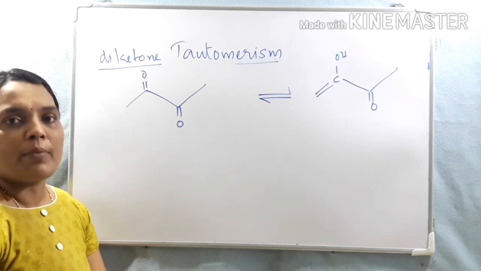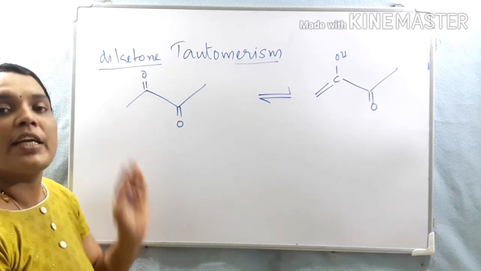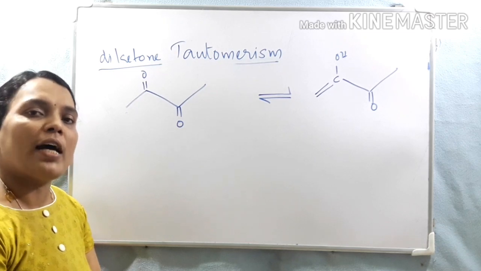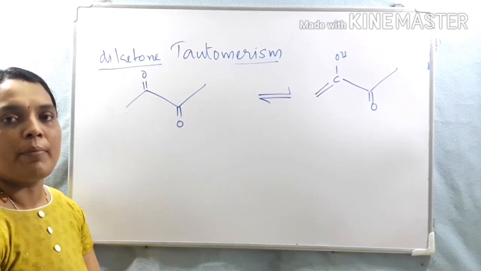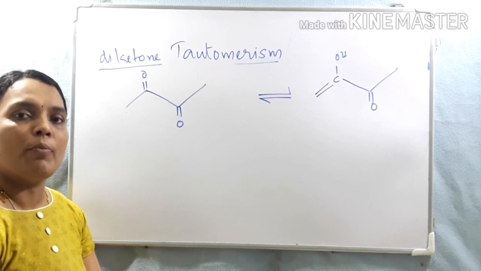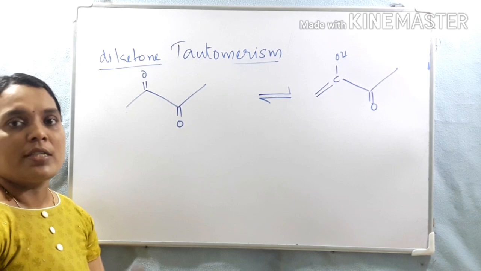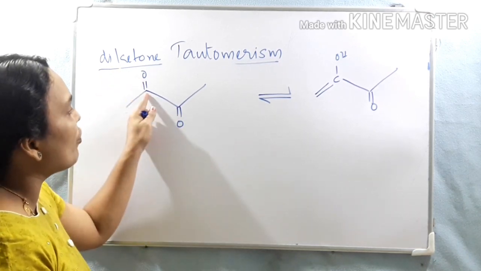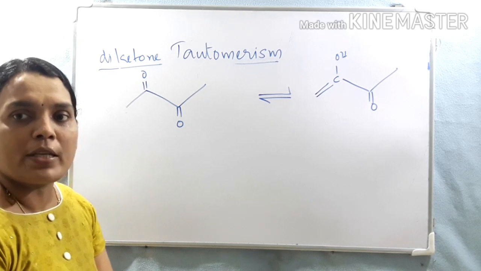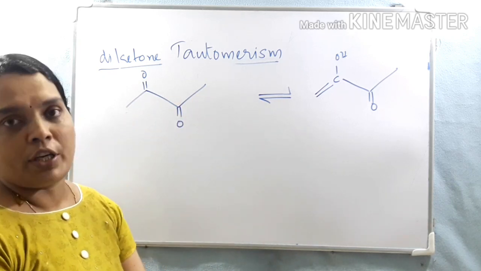Similar to the monocarbonyl group, here also keto form is more stable than enol form because of the carbon-oxygen double bond. A carbon-oxygen double bond is more stable than a carbon-carbon double bond. Similar to the monocarbonyl system, in a diketone with adjacent ketone groups, keto form is more stable than enol form.